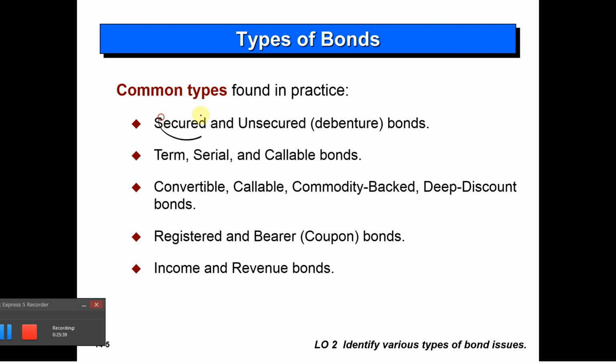The key here is collateral. If the bonds are backed by collateral, for example, equipment, building, deposit, okay? If they are backed up by those assets, then we call those bonds secured bonds. Otherwise, they are unsecured bonds.